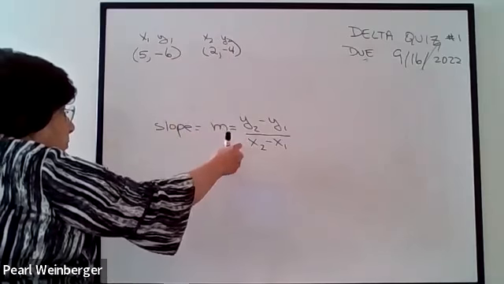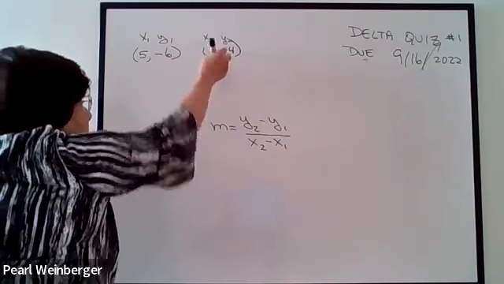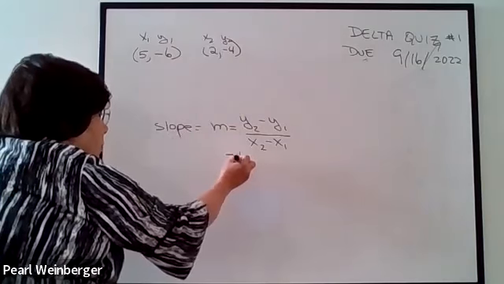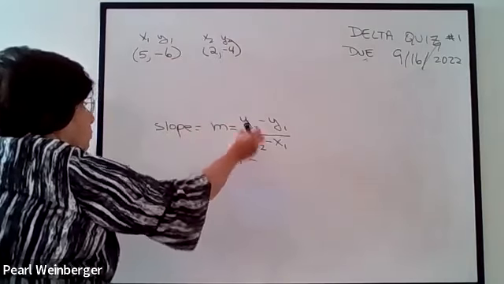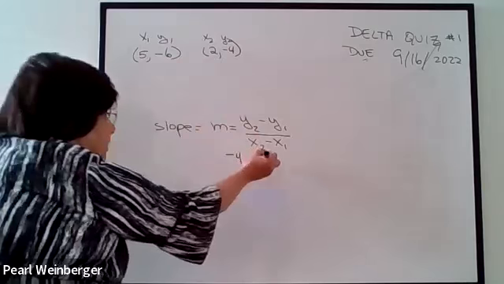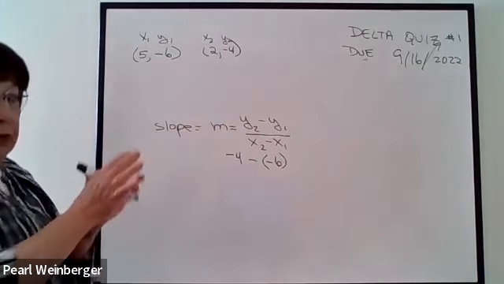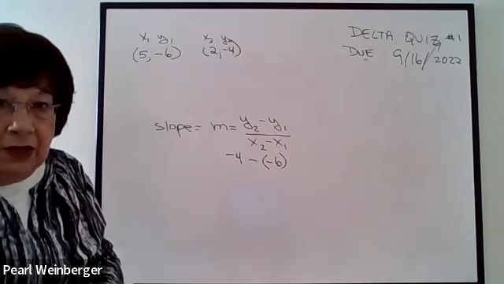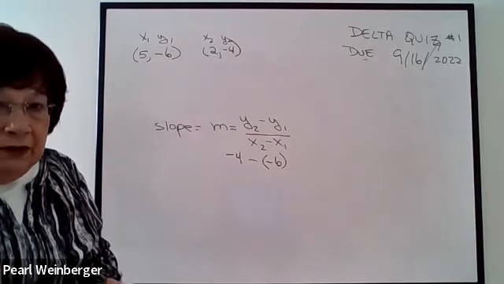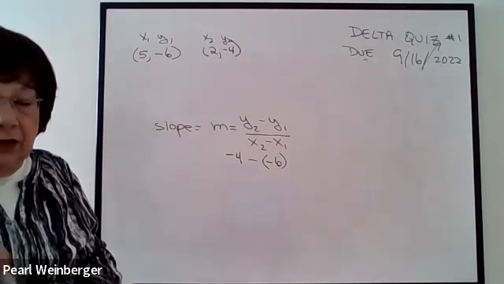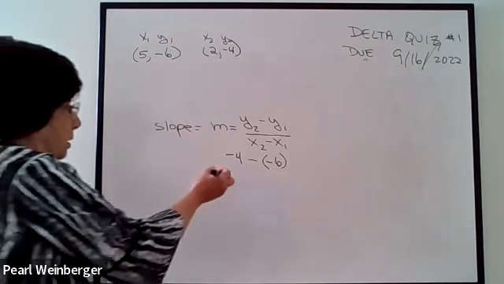Okay, here's my formula. Y2, which I see is -4, minus y1, which is -6. Now, anytime I have a negative followed by a negative, I put a parentheses around the second number because if I'm not careful, it might look like it's just one negative and it's two negative signs.